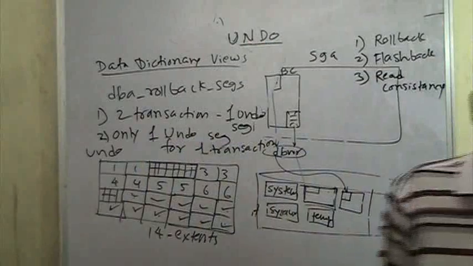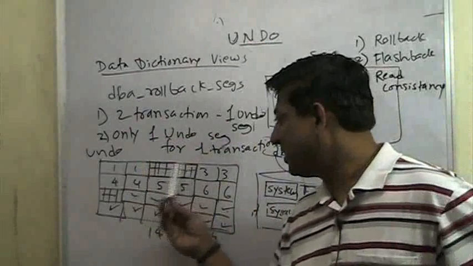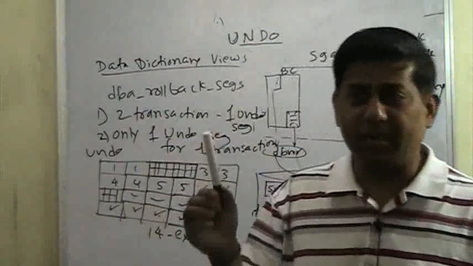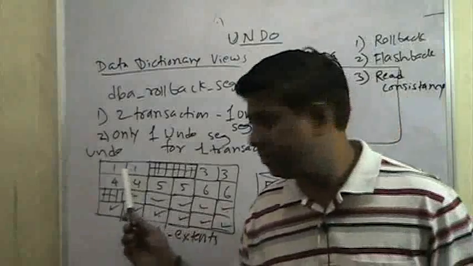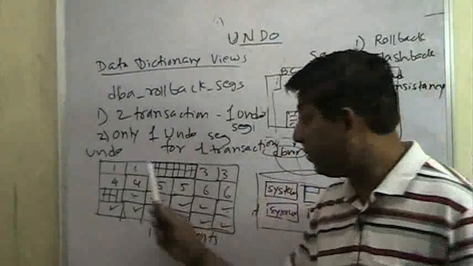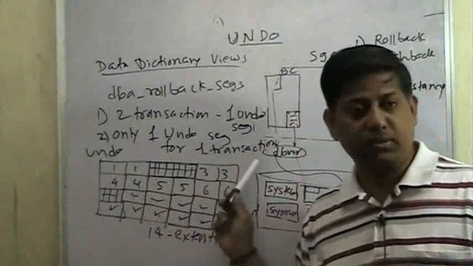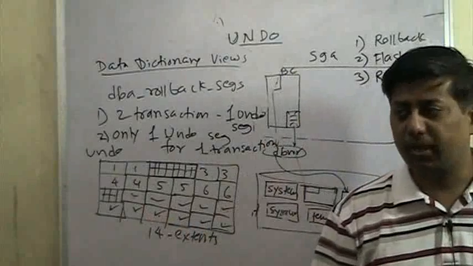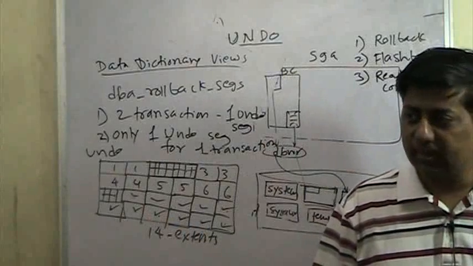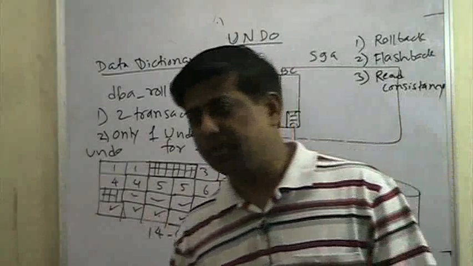Until you commit, until your transaction finishes, you are going to be in that segment, even if there is available space somewhere else. Up till the commit, and commit will finish the transaction.